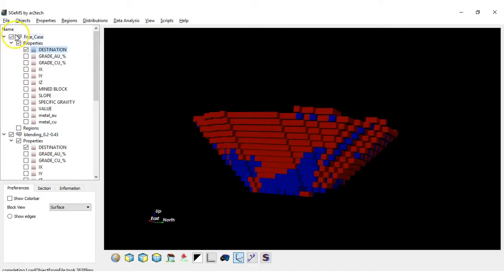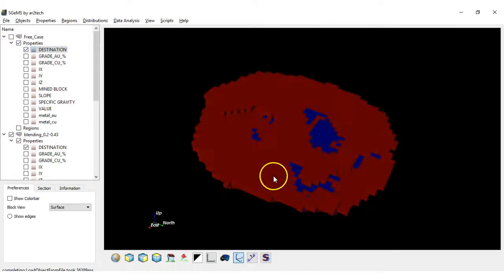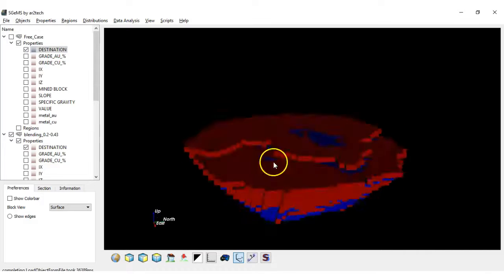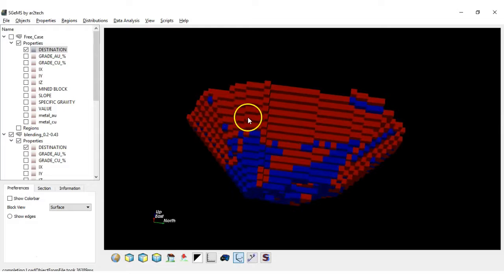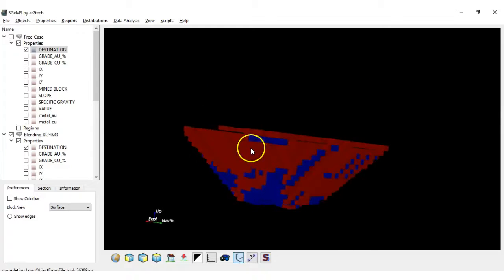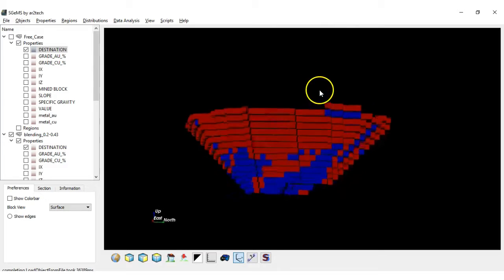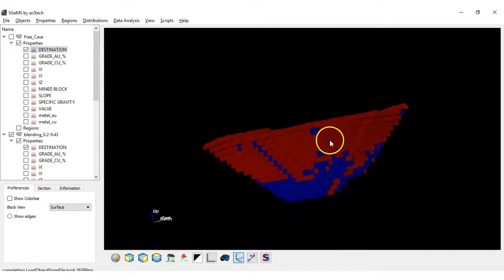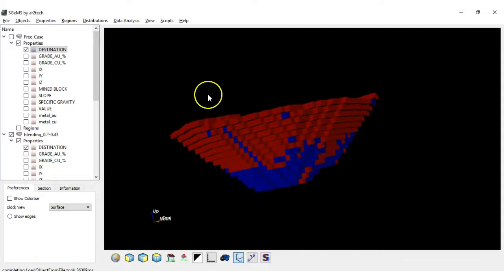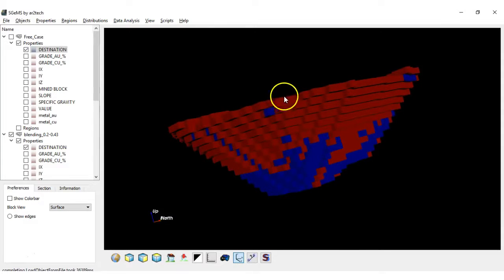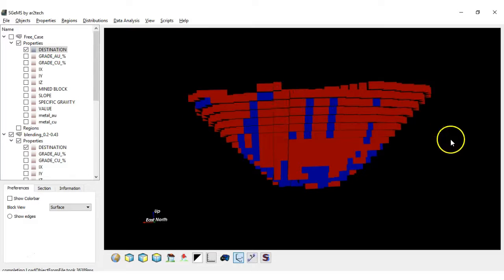And for the next situation, blending, right? Blending was applied, restricting richer ores from being directed to the plant. And you can see here that the solution is completely different from the previous one. You can see the blocks that can be considered ore are sparsely populated in the pit.